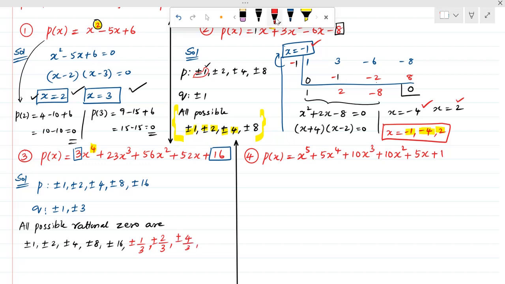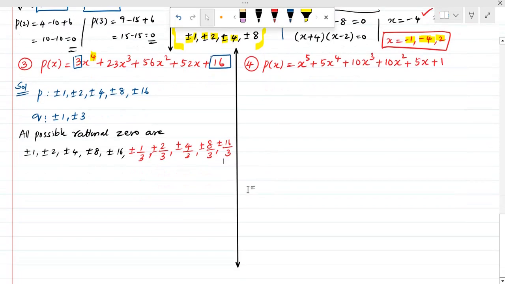Then 8 over 1 is there, 8 over 3 is not there. The next, 16 over 1 is there, 16 over 3 is not there.